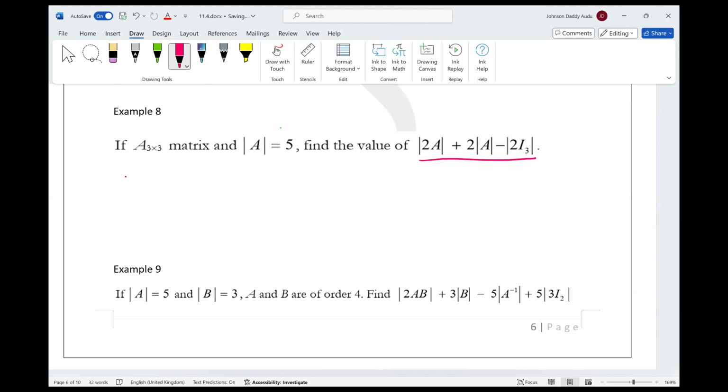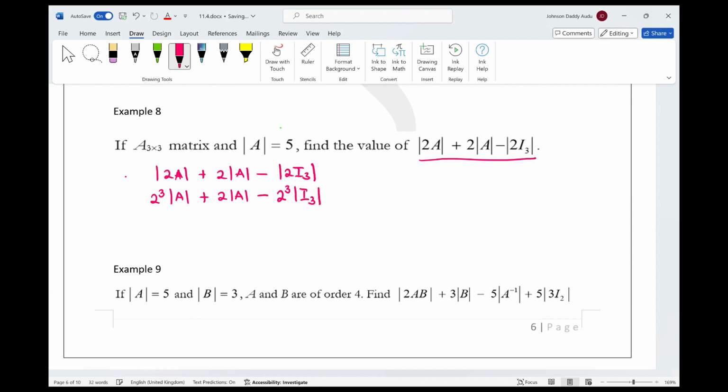So we want to look for the determinant of 2A plus 2 determinant of A minus 2 determinant of I3. So using one of the properties, remember A is 3 by 3. If you want to bring these two out, it will come out as 2 to the power 3, then determinant of A plus 2 determinant of A minus, these 2 will come out as 2 to the power 3 determinant of I3.